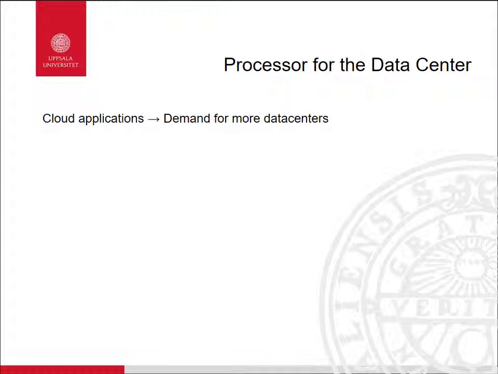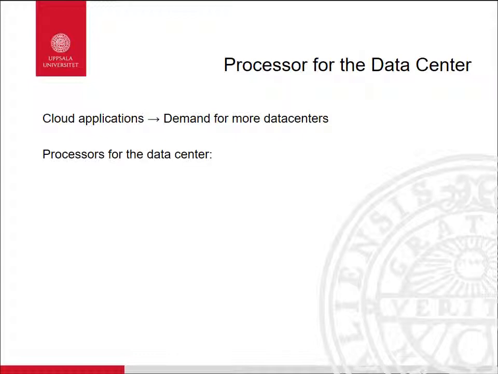What this means for processor vendors is that this is a great opportunity to increase their sales, sell more processors. This is the reason why more processor companies focus their development efforts on data center processors. Traditionally, Intel dominated the data center, but in recent years, AMD, Cavium, Qualcomm and others have tried to challenge this.